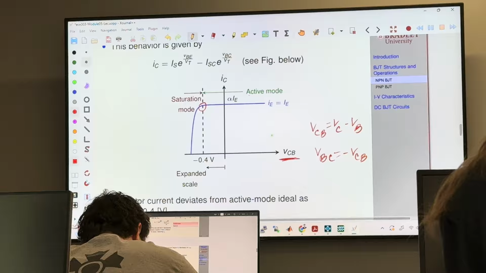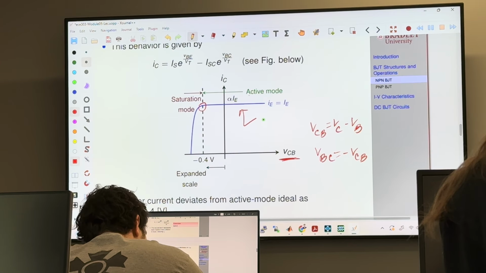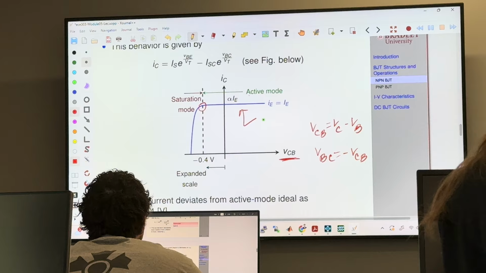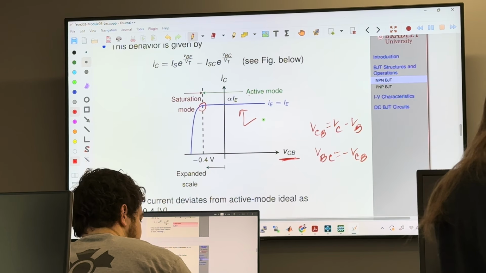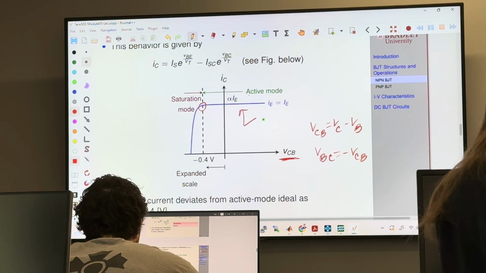And active mode, just to reiterate, is very important because in most cases you will be operating the BJT in active mode, when we use this BJT as an amplifier.